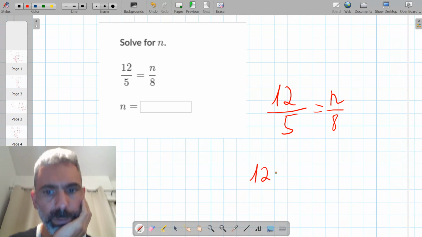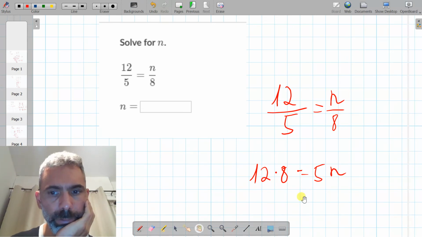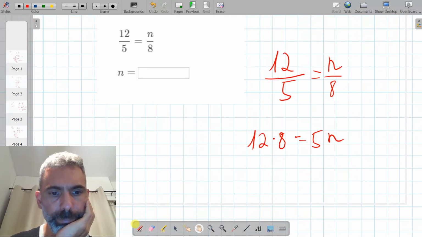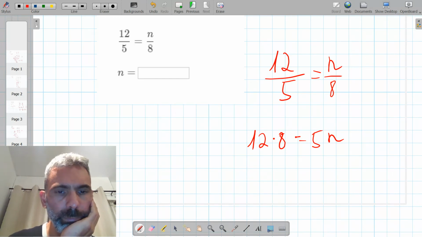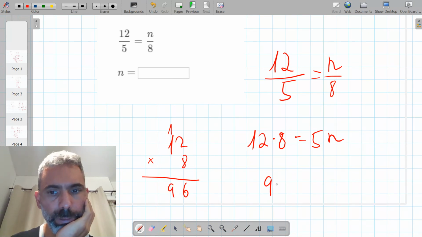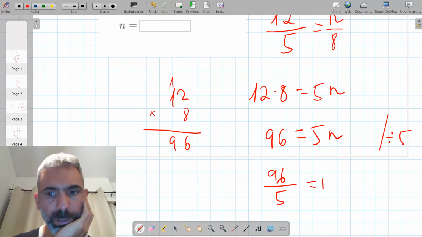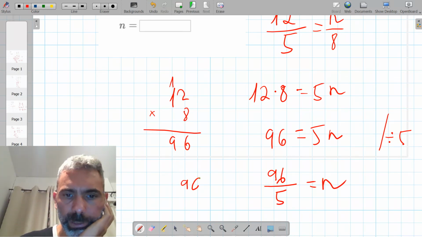Okay, so 12 times 8 equals 5n. 12 times 8. 8 times 2 is 16. 8 times 1 is 8 plus 1 is 9. So 96 equals 5n. So we need to divide both sides of the equation by 5. So 96 over 5 equals n. 96 divided by 5, and 5 goes into 9.